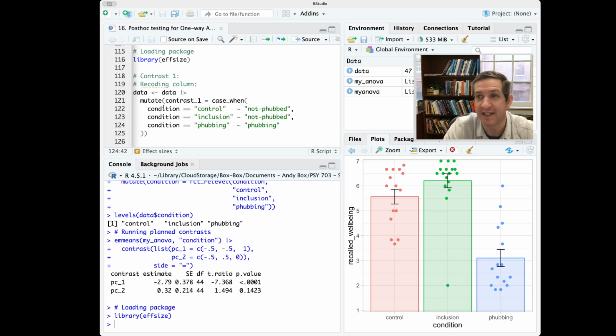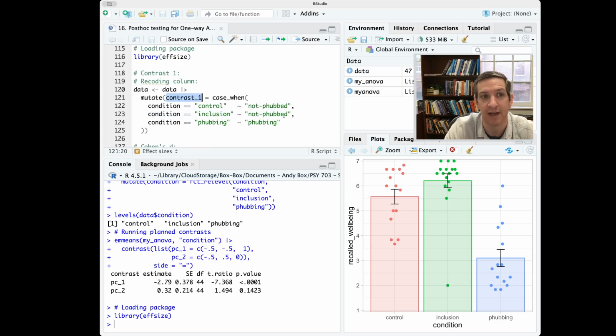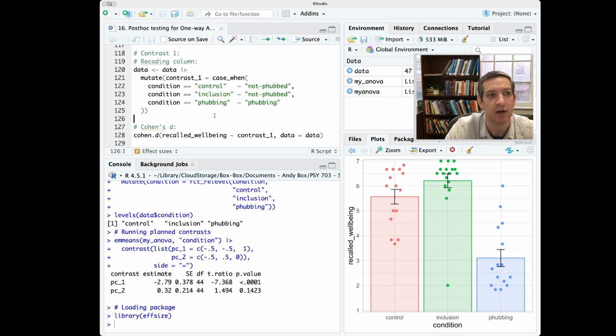So what you can see is happening here is we're melting together the control and inclusion groups into one mega condition. So now, after doing this, contrast 1 has just two separate groups in it, anyone who is not fubbed and anyone who is fubbed. And now that we have just those two groups, we can use code from earlier to compute Cohen's d.